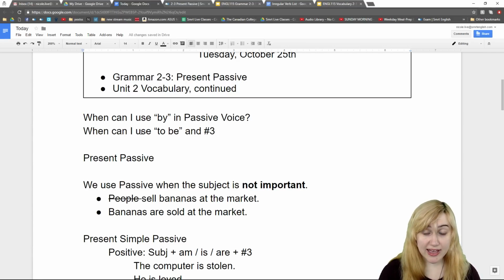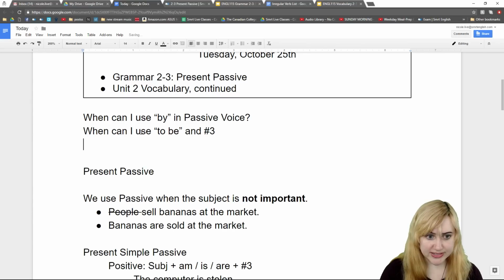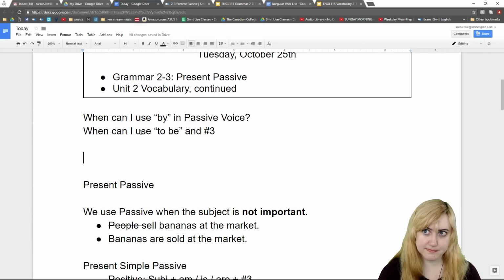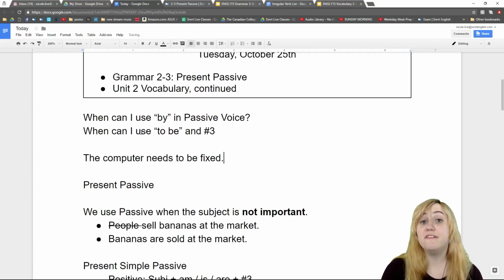So if you have two normal verbs in your sentence, for example, the computer needs to be fixed.